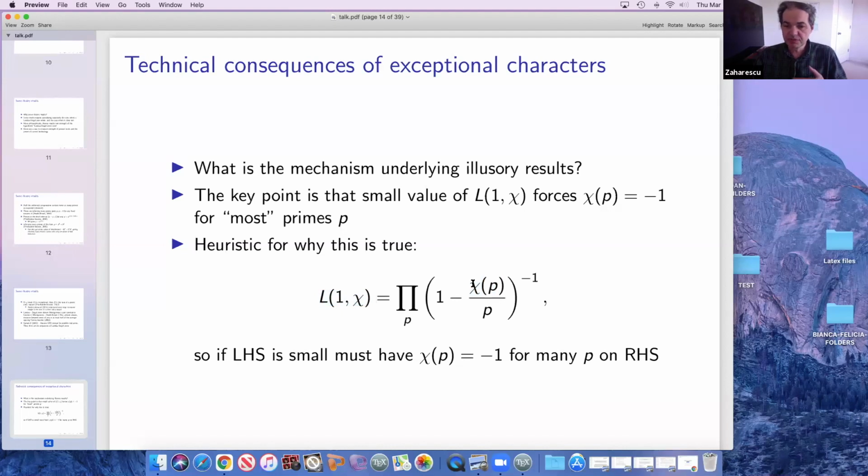Because you see what happens when chi(p) is 1: then 1 minus 1 over p is smaller than 1, but you have this to the -1, so this factor is larger than 1. So anytime I have a chi(p) that's 1, it increases the value. So it must have many more primes p for which chi(p) is -1.